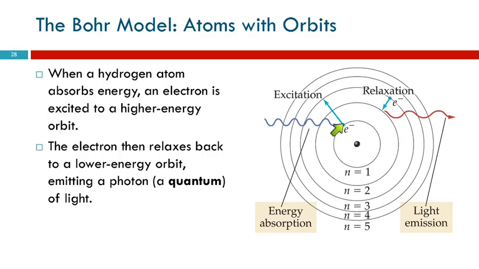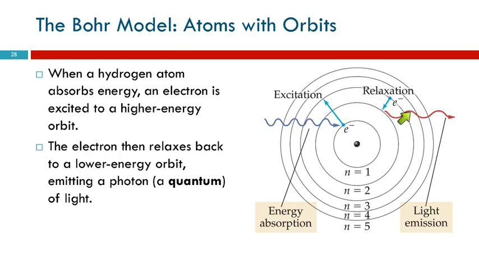So if an electron in this first orbit absorbs energy from electricity, it can jump to a higher orbit, a higher energy orbit. And it'll hang around up there for a while, but that's not going to be stable, and so it'll eventually relax to a lower orbit. It may go to the next lowest orbit, it may jump down to where it was originally, but when it relaxes, it releases energy in the form of light.